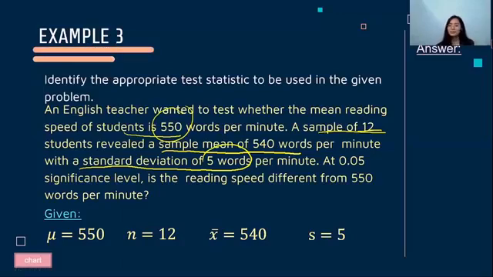Okay, time's up. Let's analyze it. Here in our given, our sample size is less than 30, and notice that our population standard deviation is unknown. So if your answer is t-test, then you got it right.